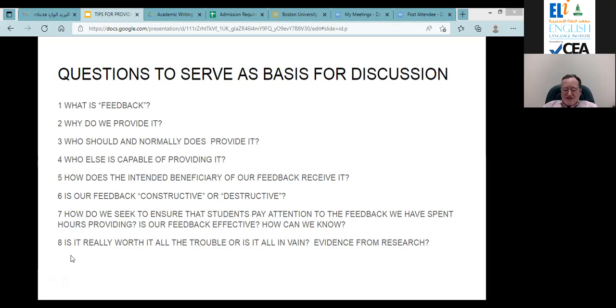That's not to detract from our role, of course. But provided it is very structured and the guidelines are set, yes, students can provide feedback to other students. I know if I ask, some of you have had positive experiences, some of you have had negative, or it really depends.